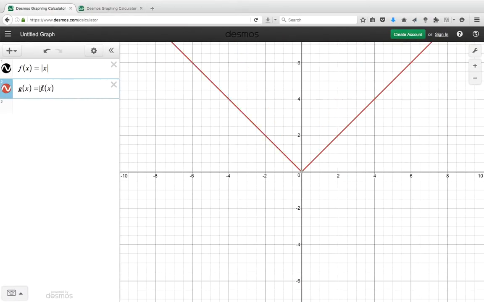Now, if we instead put that inside, that will affect the x-coordinate, and it looks the same. But what's happening is it's compressing horizontally. Why do they look the same? Well, if we take a point here and shift it to the left, it will look the same as if we take a point here and shift it up.